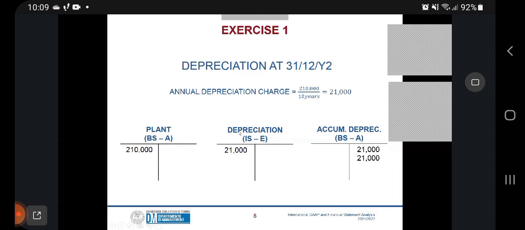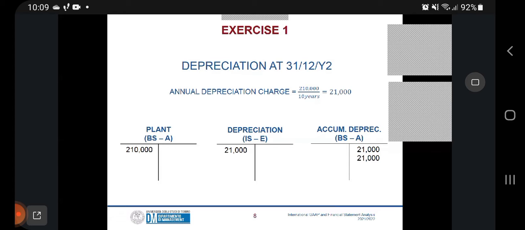Second year, you have to repeat this procedure because depreciation has to be performed every year. And so, again, in order to compute the annual depreciation charge, you have to consider always the historical cost and not the net carrying amount. Well, 210 out of 10 years is equal to 21,000.